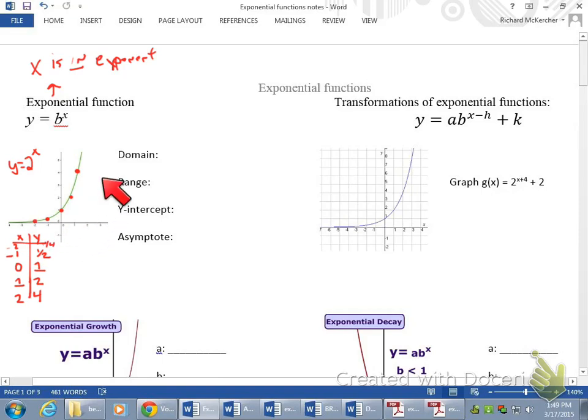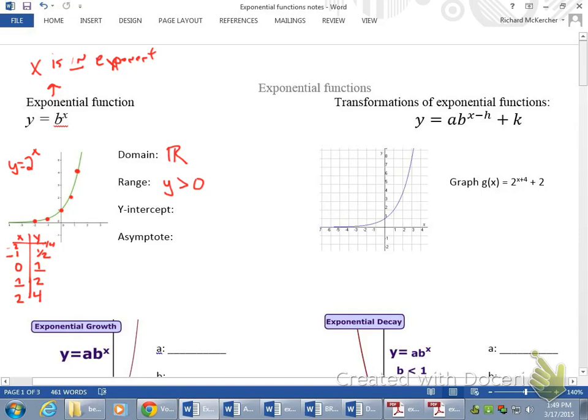Before we get there, let's talk about the domain. The domain we recognize is all real numbers. I can choose anything along in here as far as what x is. The range will never, ever get below this line. As a matter of fact, it's never even going to touch that line.